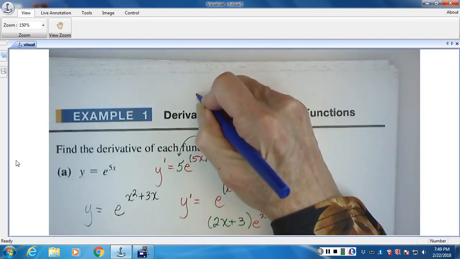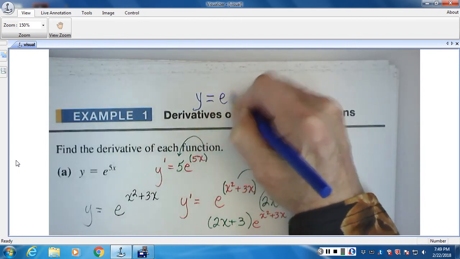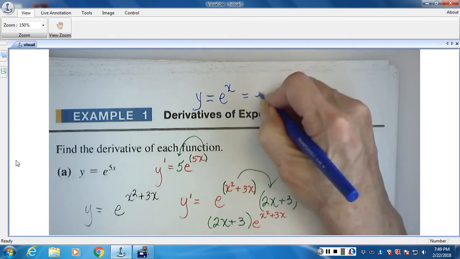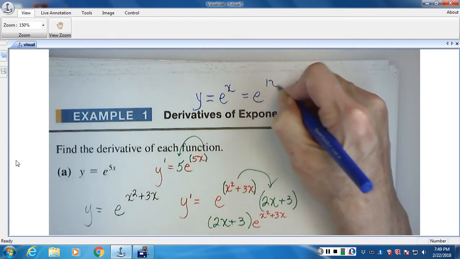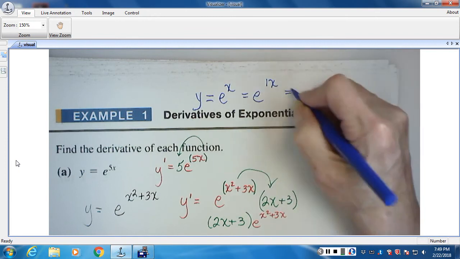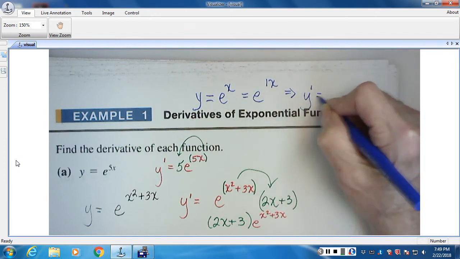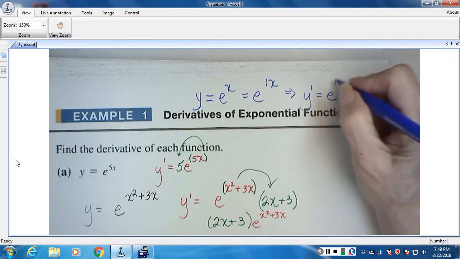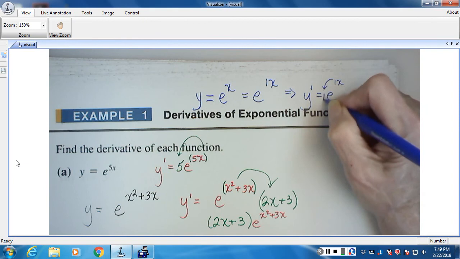If this had simply been y equals e to the x, remember that's equivalent to y equals e to the 1 times x, which would be, for its derivative, y prime would be e to the 1 times x times the derivative of 1x, which is just 1.